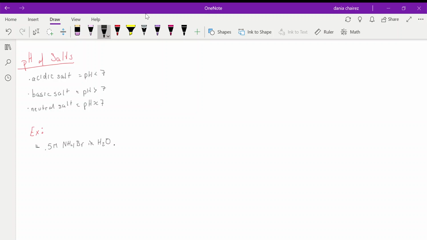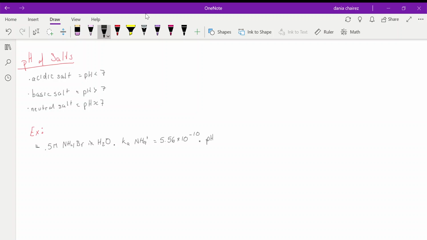And the Ka for ammonium is 5.56 times 10 to the negative 10. So we're determining the pH of this solution.